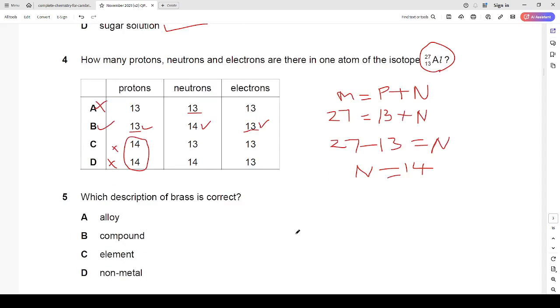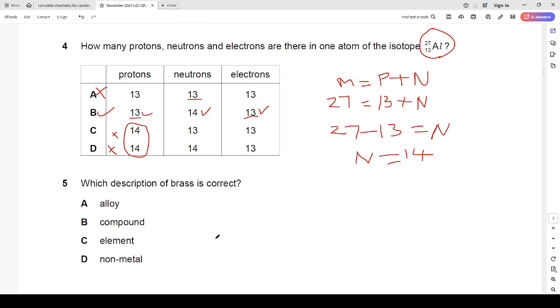Okay, let's move to the next question, which is question number 5. Which description of brass is correct? Option A, alloy. Option B, compound. C, element, and D, non-metal. Okay, what is brass?